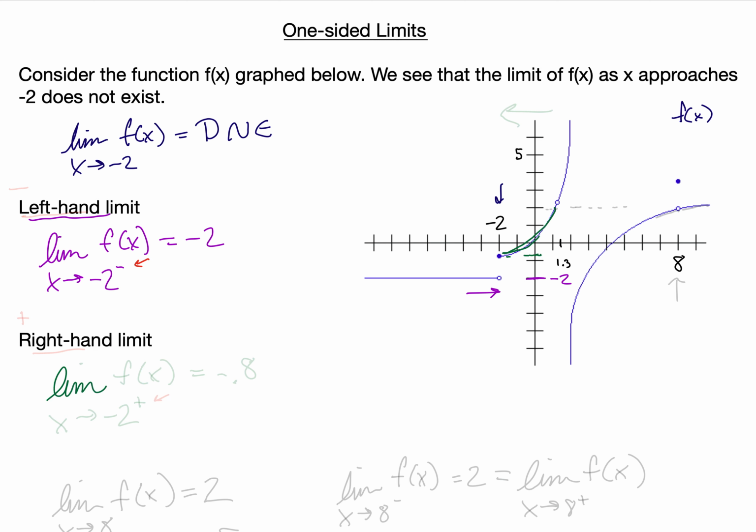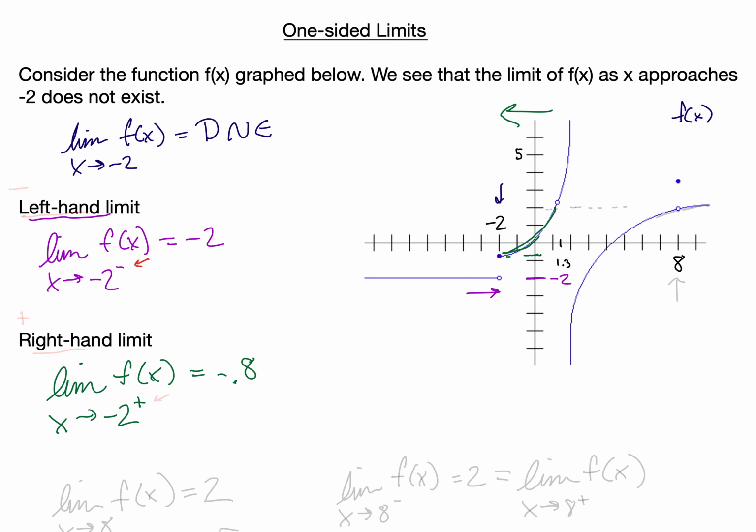The limit as x approaches -2 from the right-hand side of f of x is equal to -0.8.